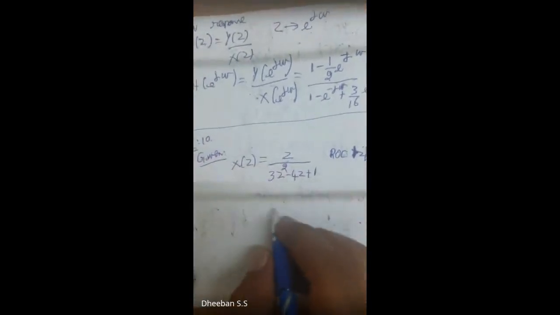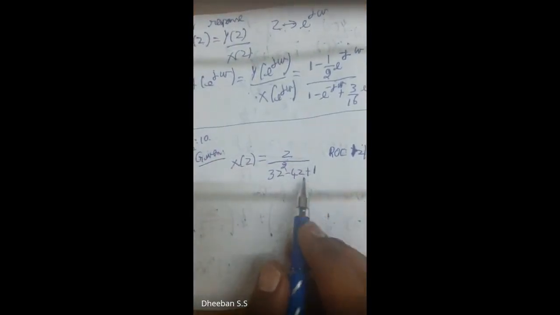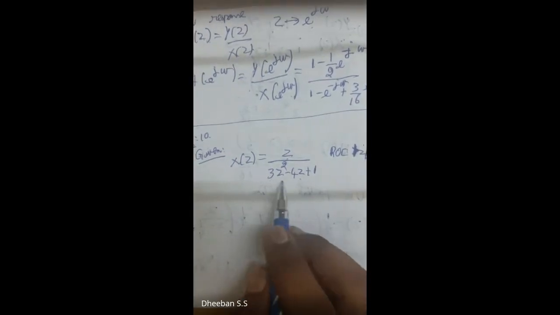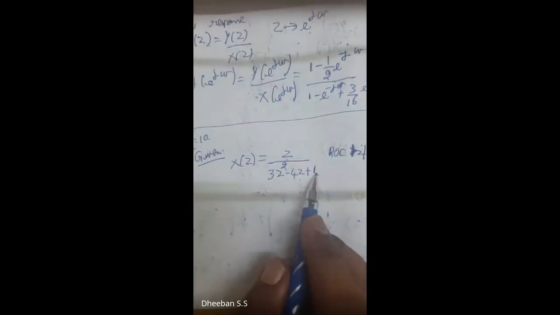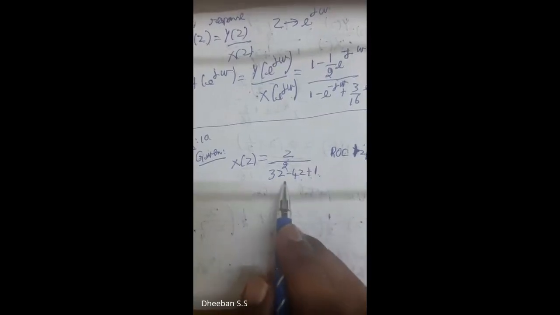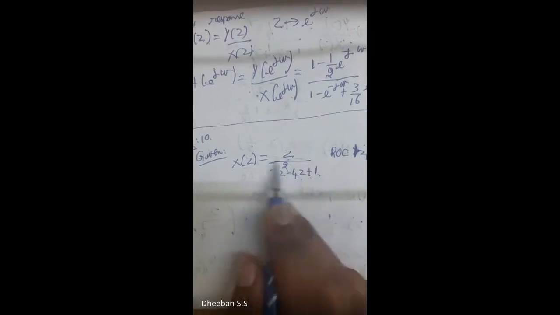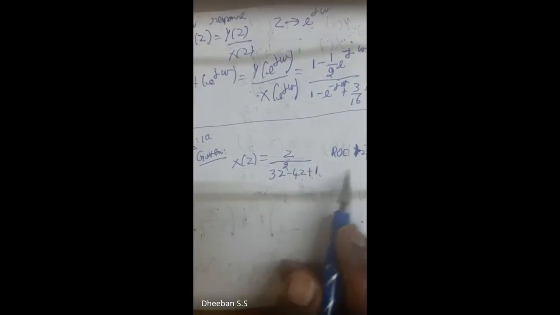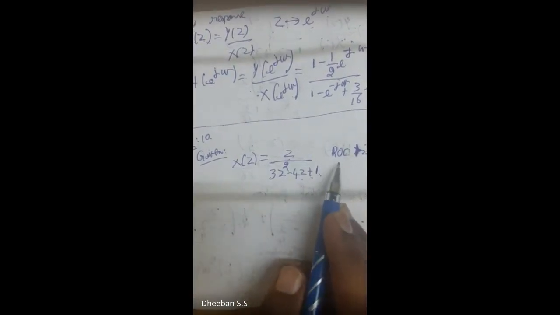How can we find this? You have to separate this in terms of two terms and find the poles, or you have to factorize these and find the poles. After finding the poles, you can get this ROC.